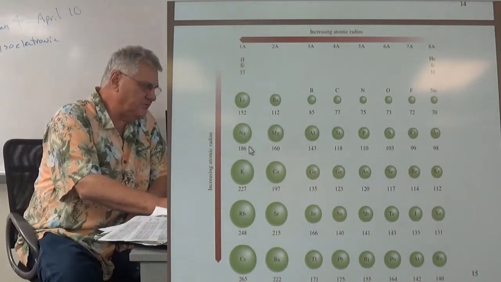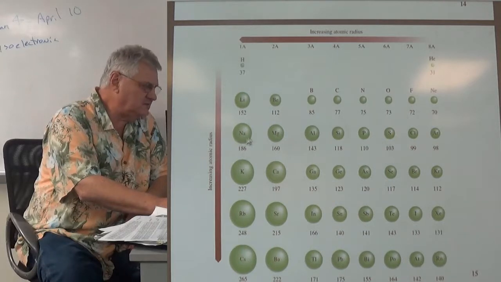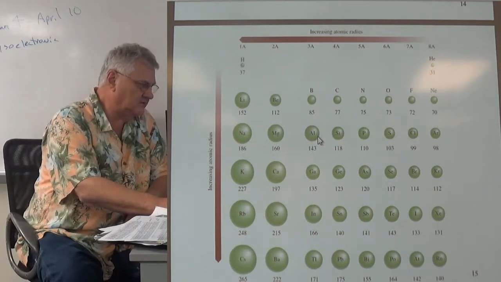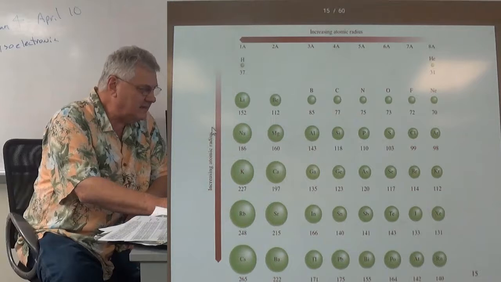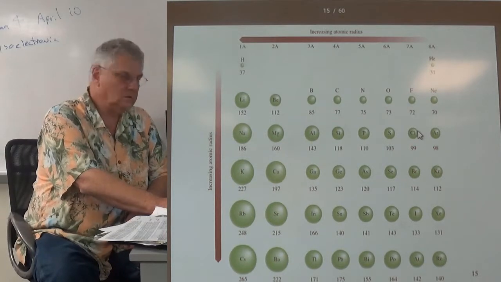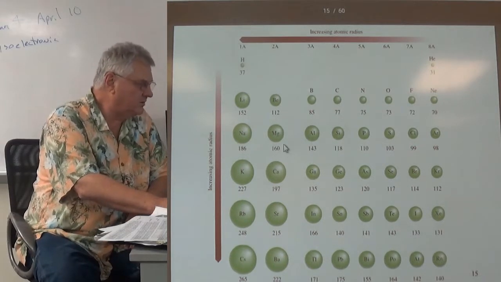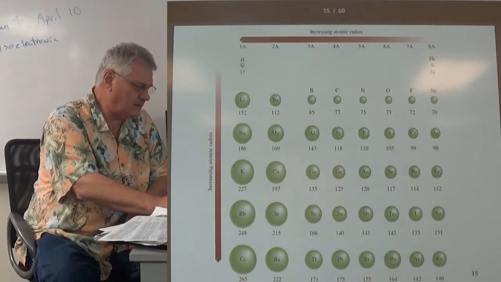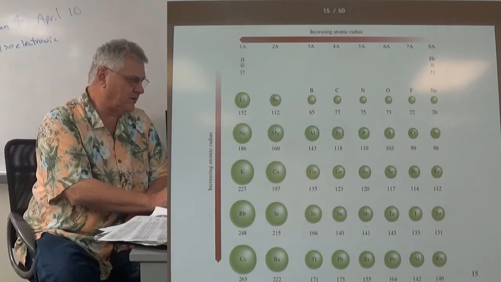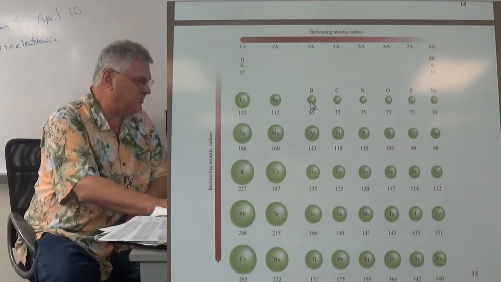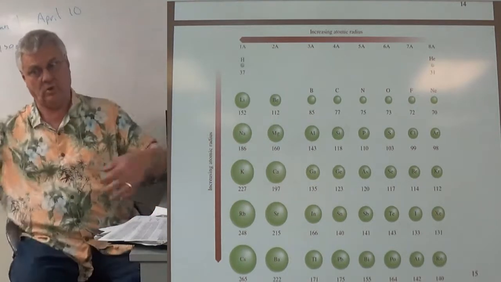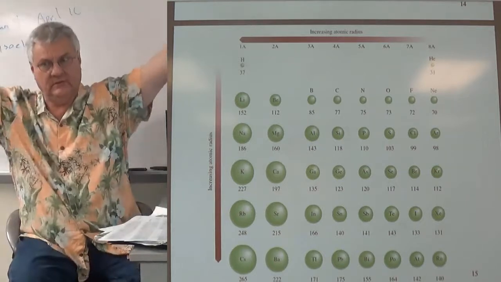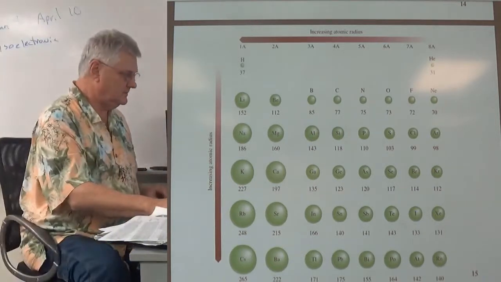But more importantly, as you go from left to right, sodium, magnesium, aluminum, silicon, phosphorus, the size of the atoms is getting smaller. You're adding more protons to these elements as you move from left to right. That's just a periodic trend. Now, if you go down a group, of course, you're adding more electrons and the atoms get bigger.